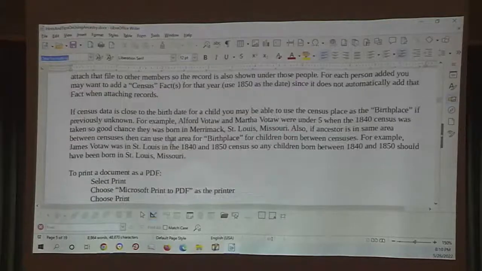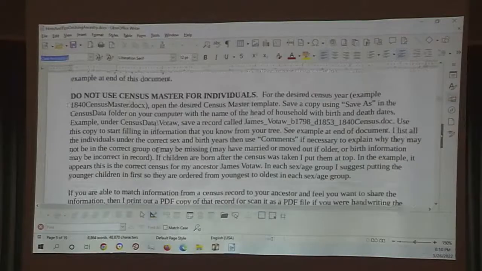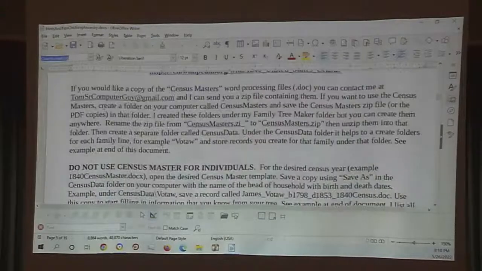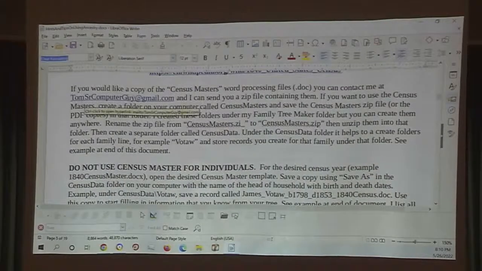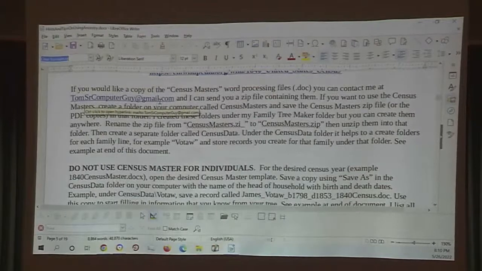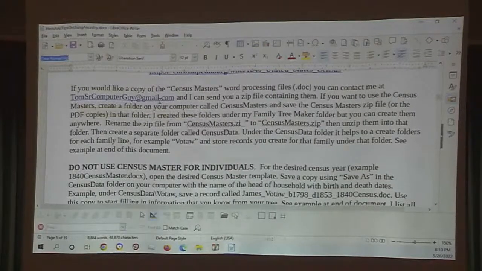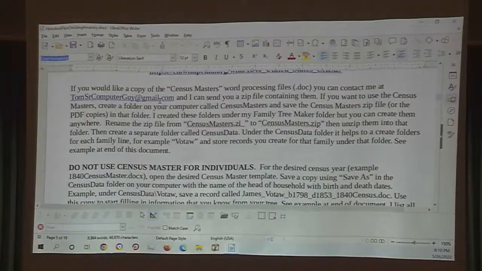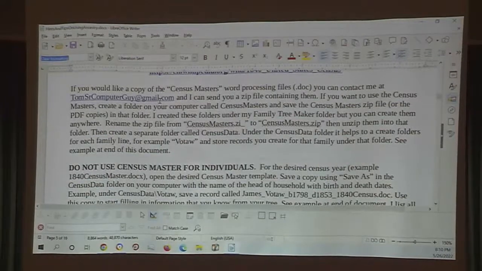This talks about the census and the census masters. My email address is right here, tomseniorcomputerguy@gmail.com. If you want a copy of the actual Word files, send me an email and I'll send you a zip file with the actual Word files you can use.